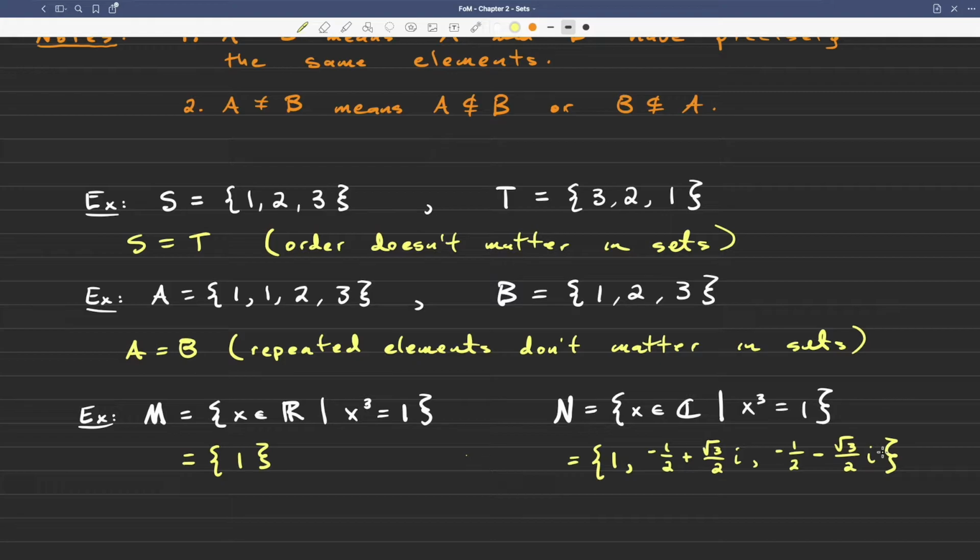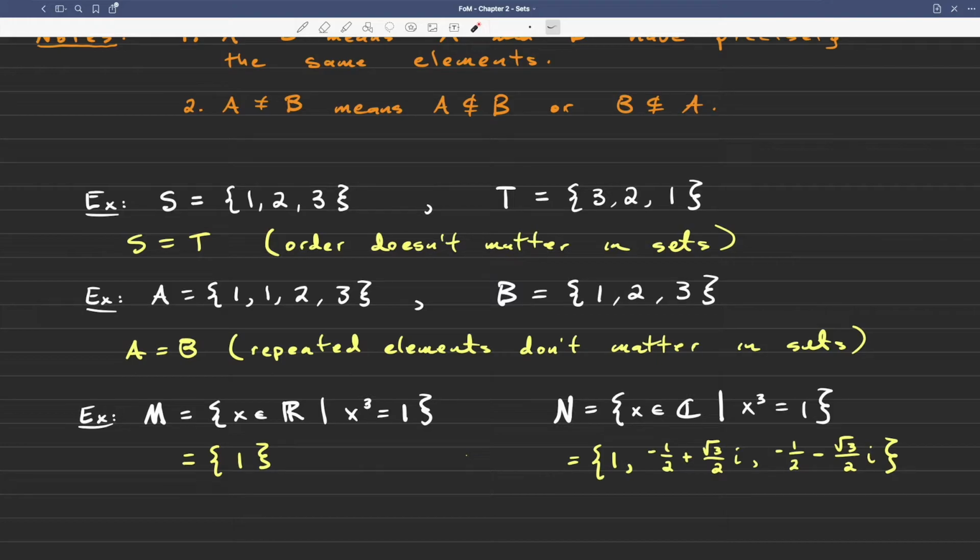You can check just by doing the arithmetic with the complex numbers that if you cube all 3 of those numbers, 1, negative 1/2 plus the square root of 3 over 2 times i, where i is the imaginary unit, the square root of negative 1, and then negative 1/2 minus the square root of 3 over 2 times i, all 3 of these numbers have the property that when you cube them, you get back 1.